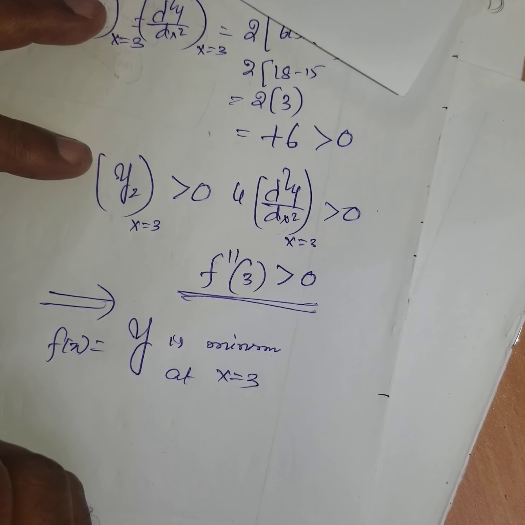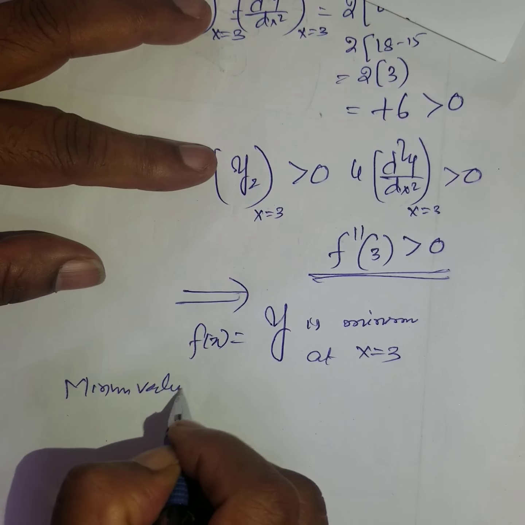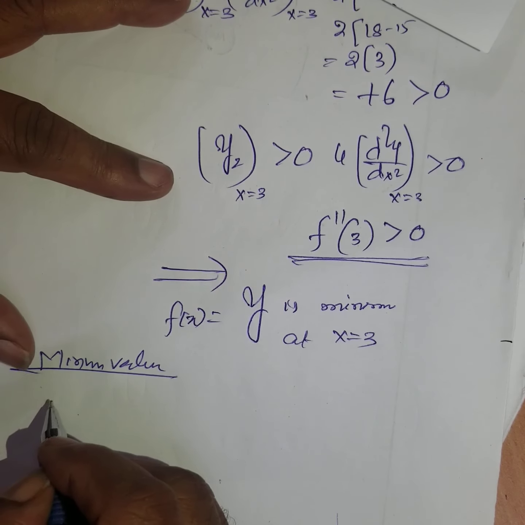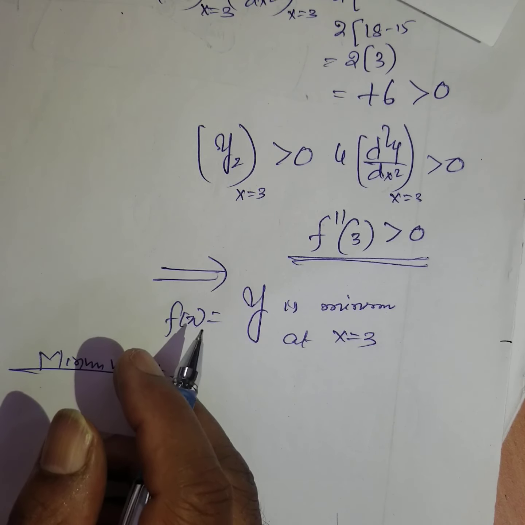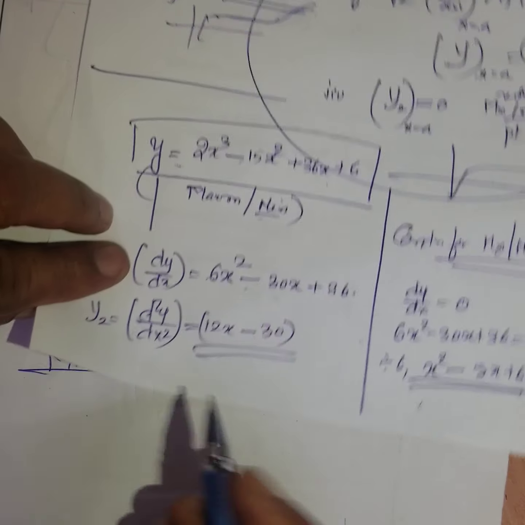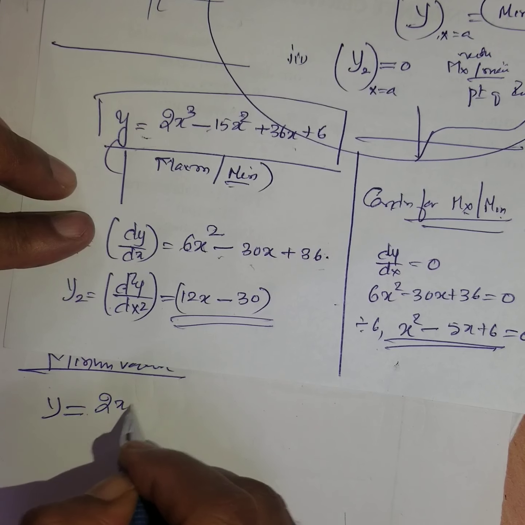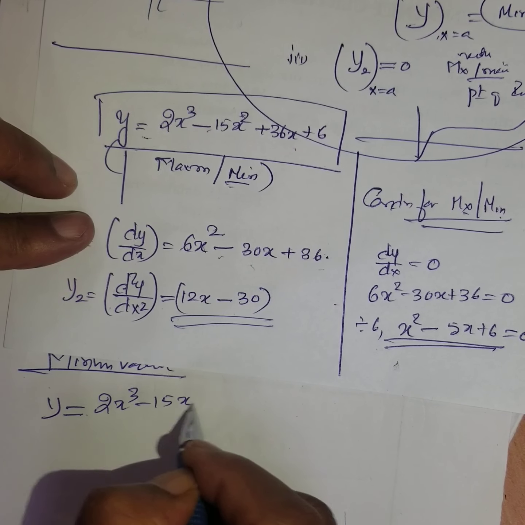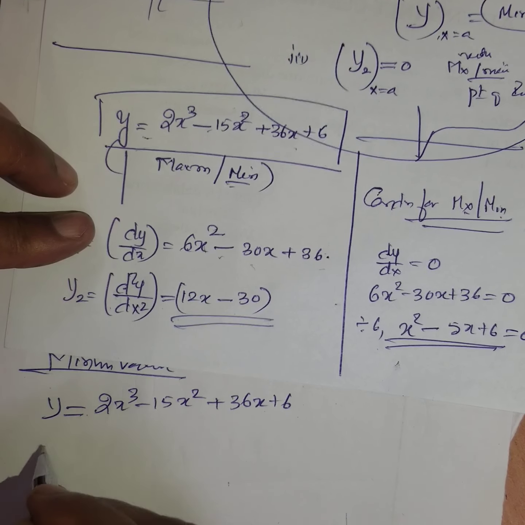What is the minimum value? How to find it? What is y? y = 2x^3 - 15x^2 + 36x + 6.